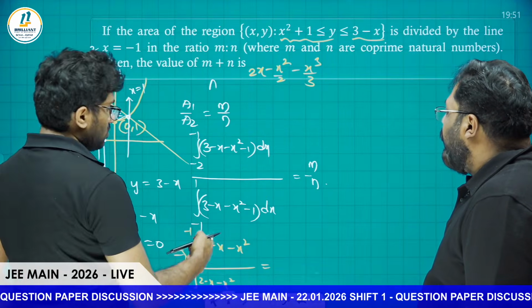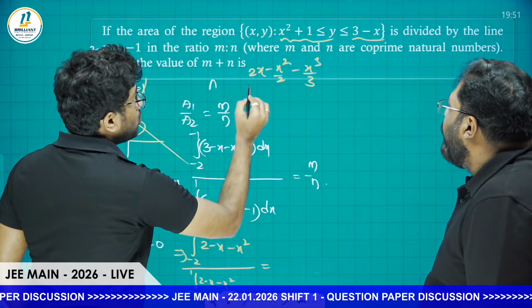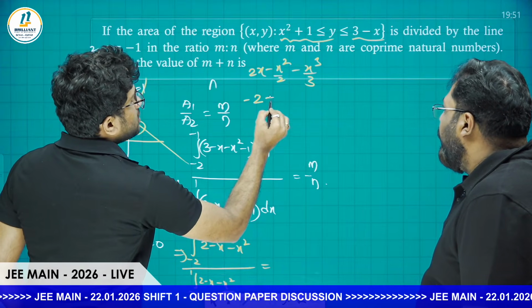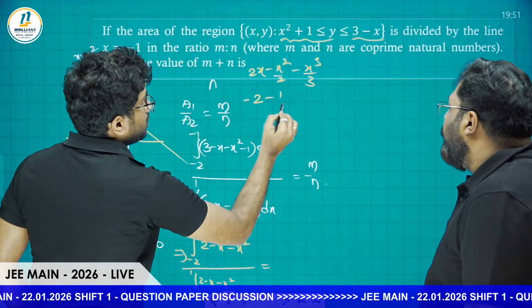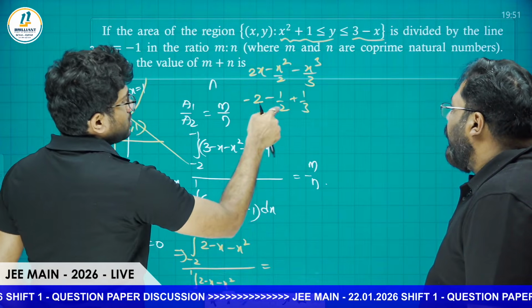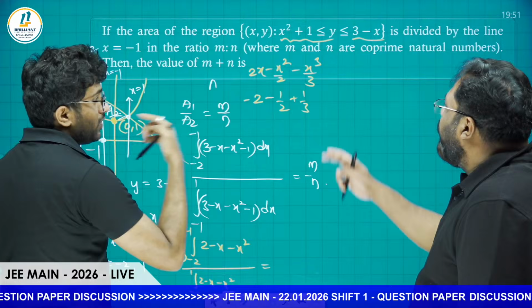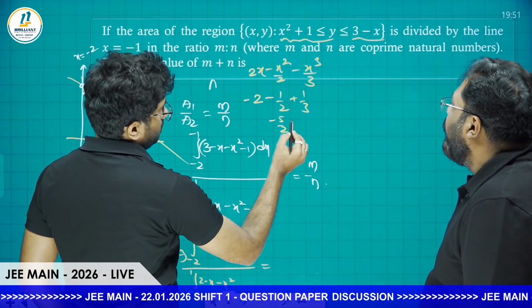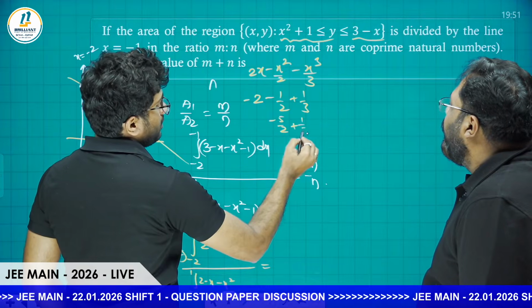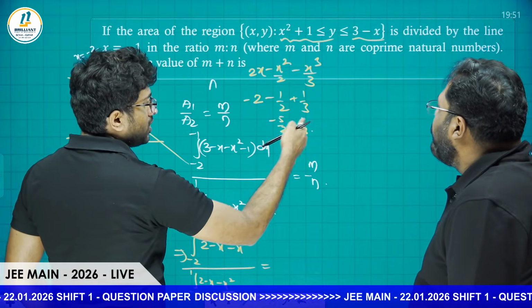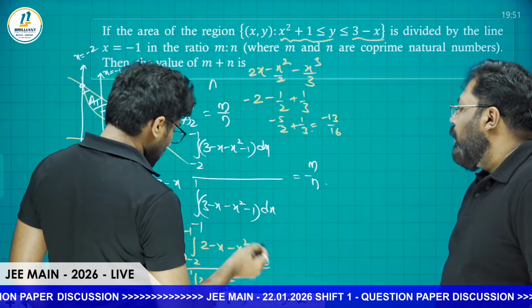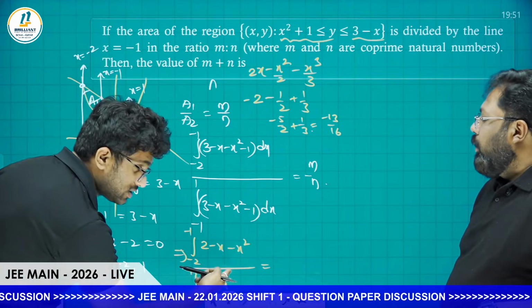Now if I put x equals minus 1 here, minus 2 plus minus 1 by 2 plus 1 by 3. So this is now minus 5 by 2 minus 5 by 2 plus 1 by 3. Minus 15 plus 2, this is equal to minus 13 by 6.